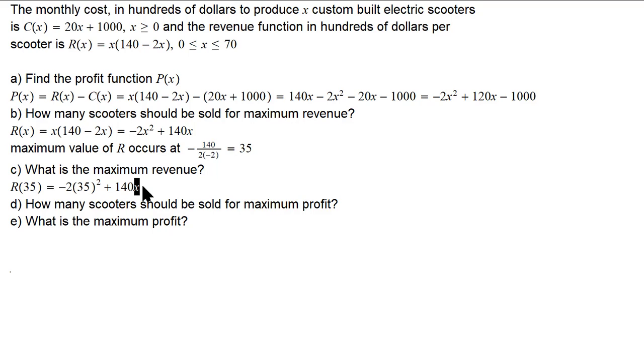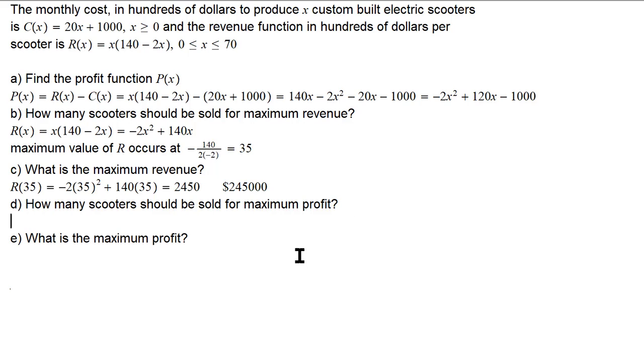If we simplify this value, what we get is that the maximum revenue is 2450, and remember it's in hundreds of dollars, so that is 2450 times 100, which is $245,000, right?